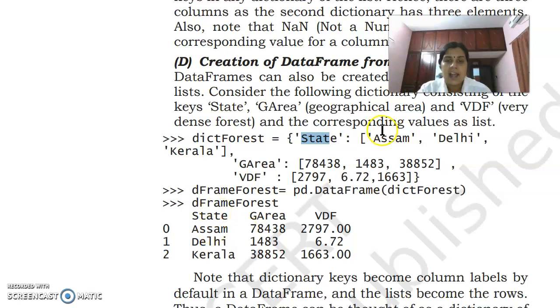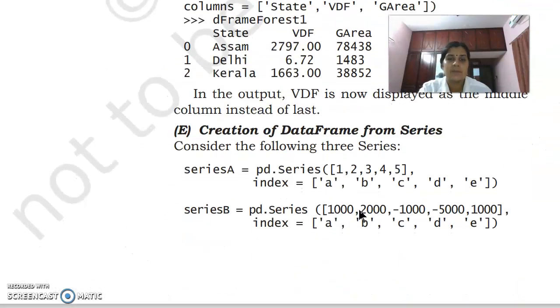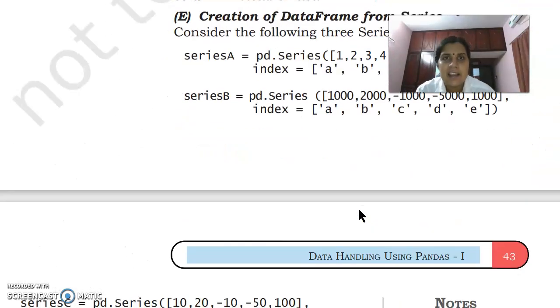That means Assam, Delhi, Kerala have column index as state. Sorry, it is known as column labels, not heading. Column labels as state, G area, PDF. So creation of data frame from dictionary of list means inside the dictionary, key will be there, and instead of value, we are supplying a list.